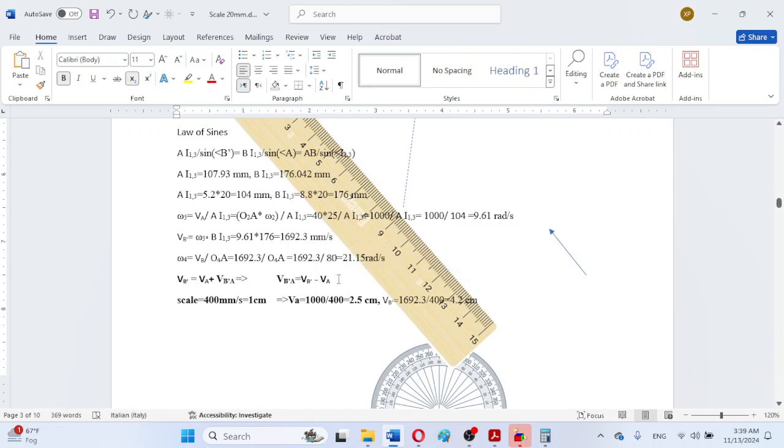So that means VB dash will be equal to the difference of velocity vector VB dash minus the velocity vector VA.